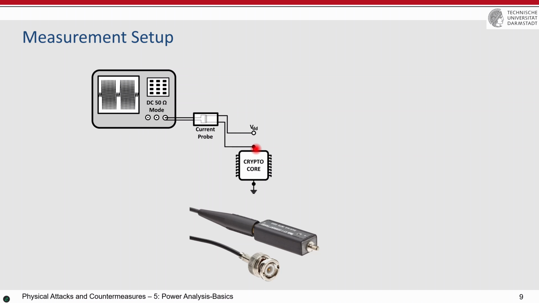And then again, every change, because there is a coil here, and the coil converts the changes in the current to an electromagnetic field, and the electromagnetic field is changed to the voltage, and then you can easily measure it by the oscilloscope again in the DC mode. In the DC mode.